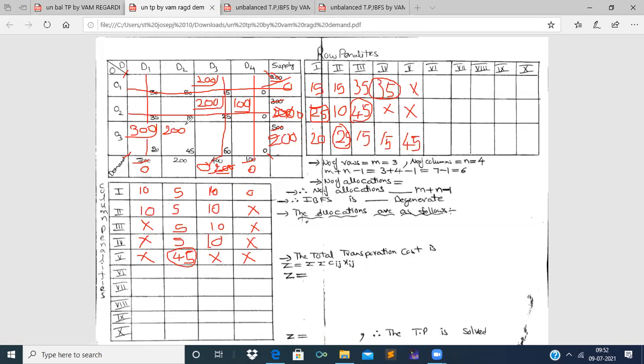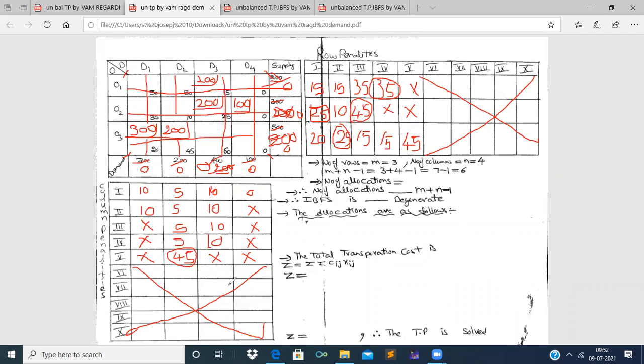Strike off supply and demand, the row and the column. By luck, we have completed all the allocations within five sets of row and column penalties. Therefore, there is no need of going for sixth, seventh, eighth, ninth, 10th row and column penalties.